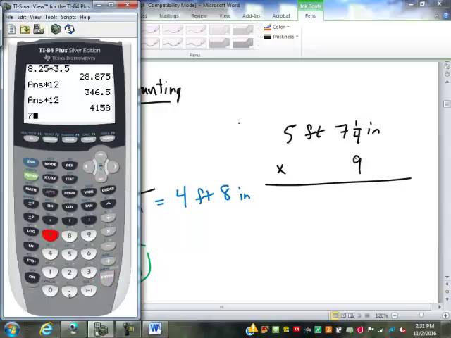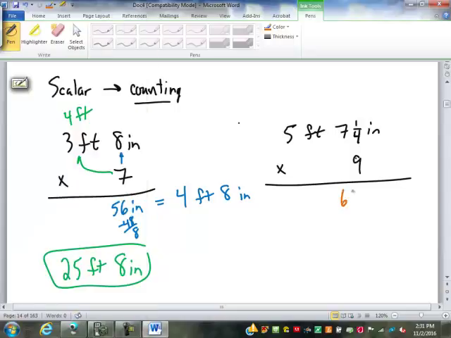For mine, I'm going to have to do 7 and 1/4 is 7.25, times 9. It does give me 65.25, or 65 and 1/4 inches. So now the question is how do I break that back down into feet and inches?